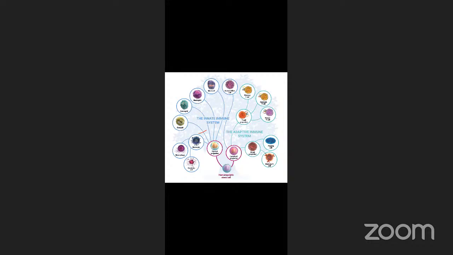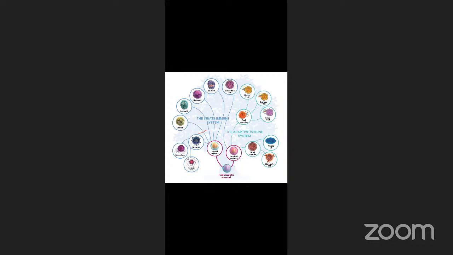In the fetal age, the bone marrow function is taken by the yolk sac, liver and spleen.